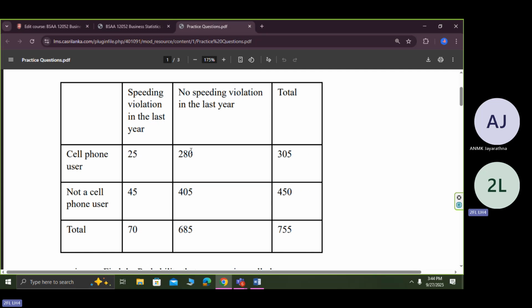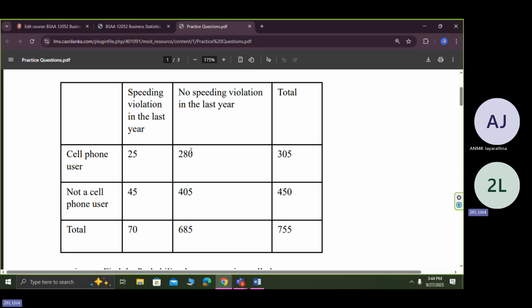Here 685 respondents had no speeding violation. Then we identify whether the particular person is a cell phone user. Out of that, 280 are cell phone users. It's clear. This we call the conditional probability.